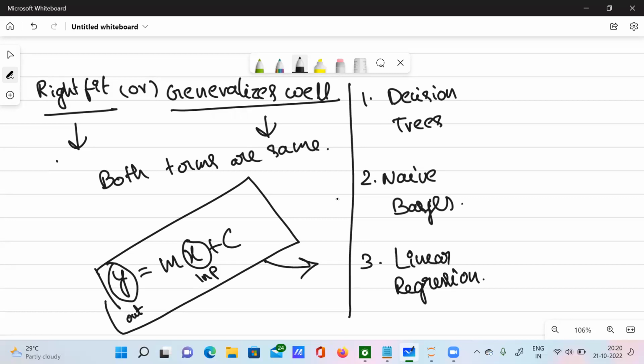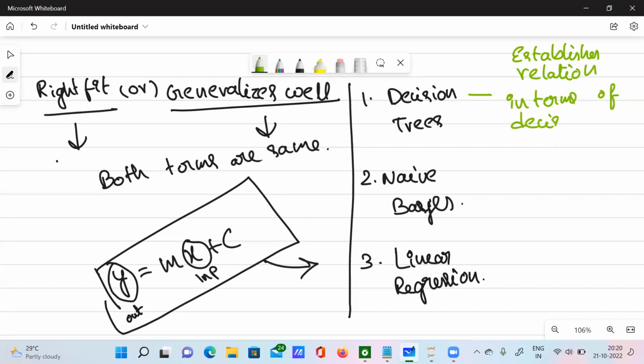So this equation establishes some kind of relation between the input and the output variables. Likewise, the decision tree also has its own approach: it establishes a relation in terms of decision rules.